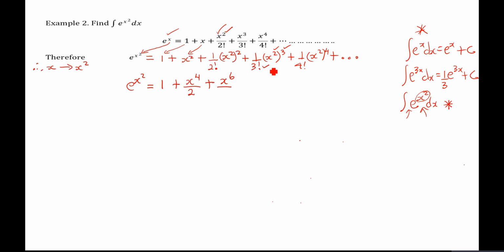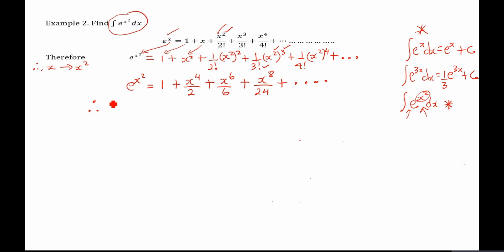And I'm just going to work out what the value of 3 factorial is. 3 times 2 times 1, that's 6. I'll do the same in the last term. X to the power 8. 4 factorial is 24. But what am I asked to calculate? I'm asked to calculate the integral of e to the x squared.